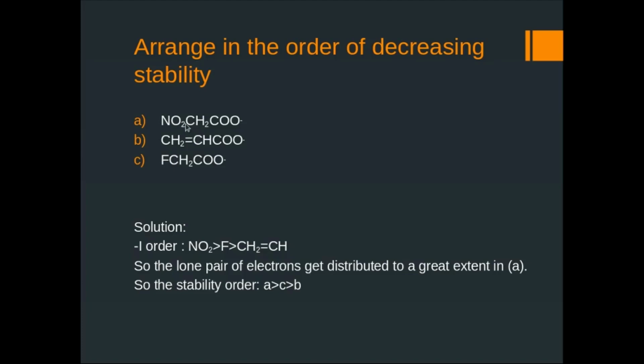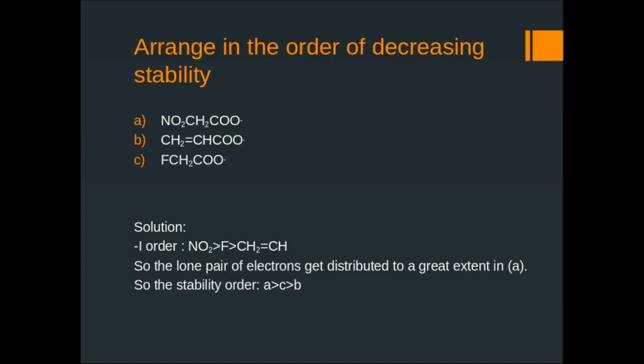So the cumulative effect results in the greatest stability of the anion. And also one thing I need to tell: stability of a molecule means that whenever there is a charged species, the stability is assured if the charge can be delocalized over the entire molecule. And since NO2 shows the maximum minus I effect of the three, there is maximum delocalization of the negative charge over the entire molecule. Next comes fluorine.